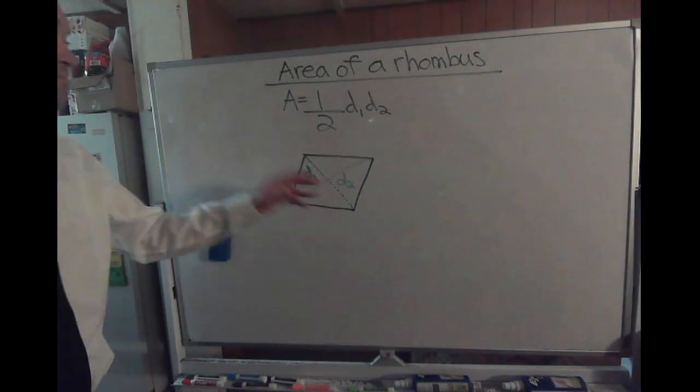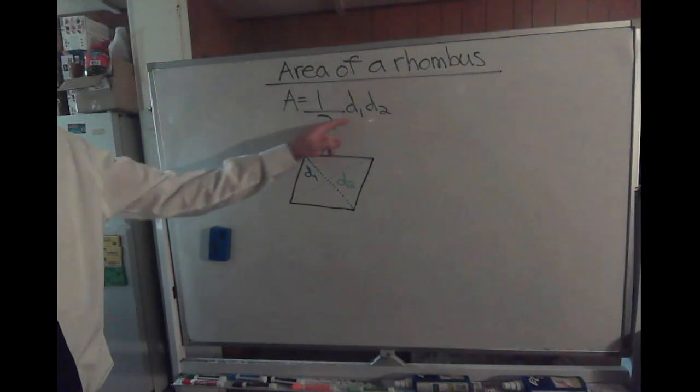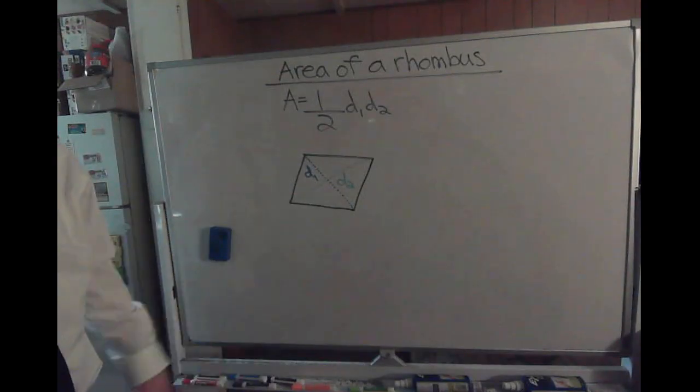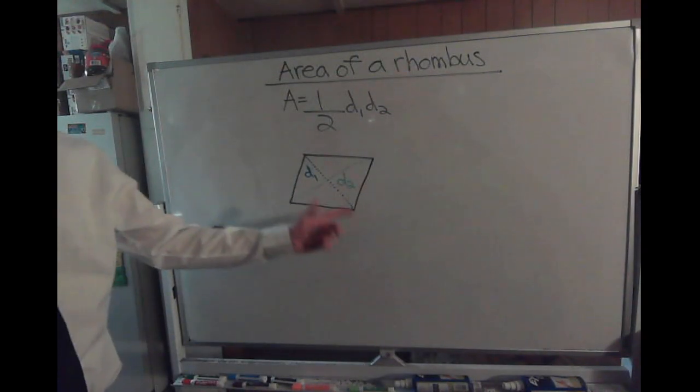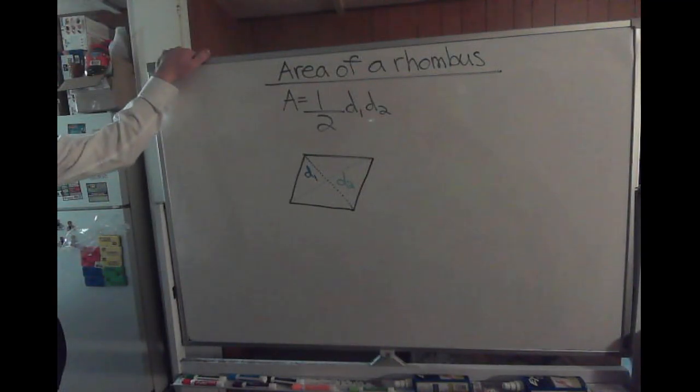Well, to find the area of a rhombus, it's just half the length of the first diagonal times the length of the second diagonal, which means you could actually apply this to squares also. Since a square is a rhombus, you could actually, in theory, do that. So that is something to keep in mind.